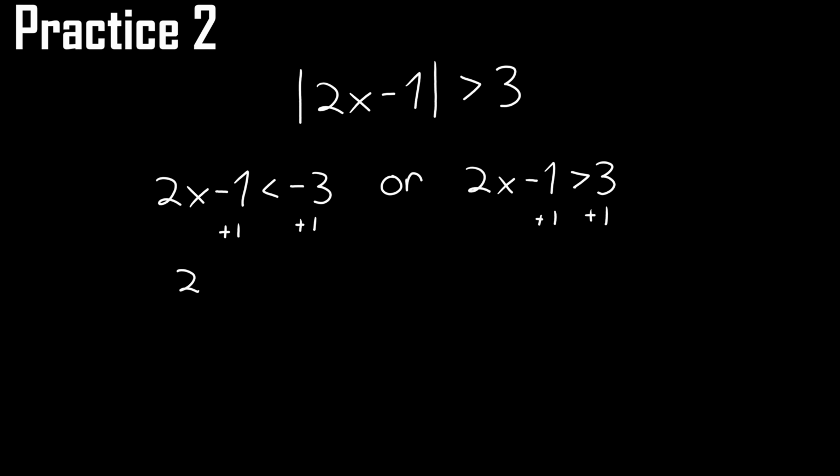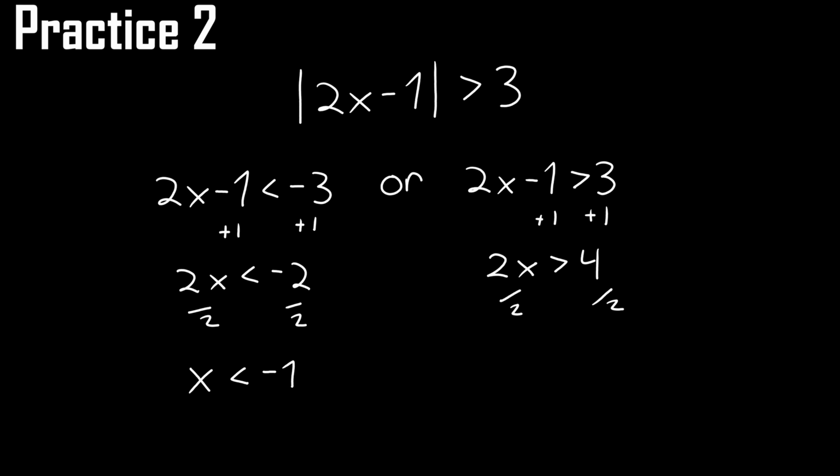So we'll get 2x is less than negative 2. And over here, we'll get 2x is greater than 4. Then we'll divide by 2. And then we'll get x is less than negative 1 and x is greater than 2. So the answer would be x is less than negative 1 or x is greater than 2.